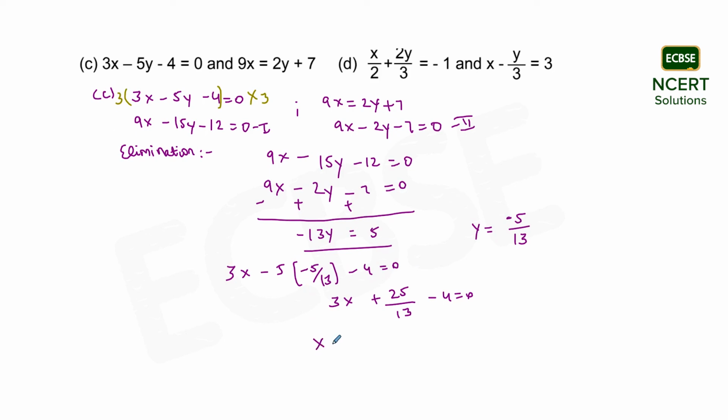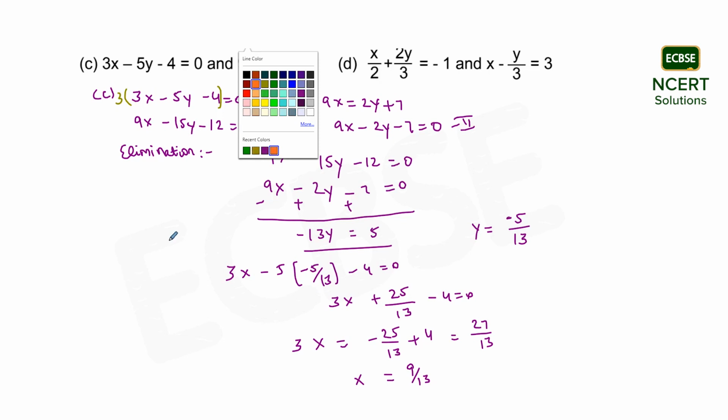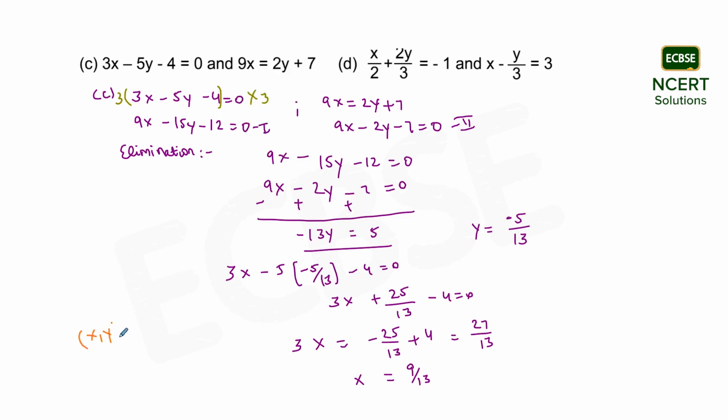Or 3x is equal to minus 25 by 13 plus 4, which comes out to be equal to 27 by 13. So the value of x comes out to be equal to 9 by 13. So from here we can write that x comma y for the C part is equal to 9 by 13 comma minus 5 by 13.